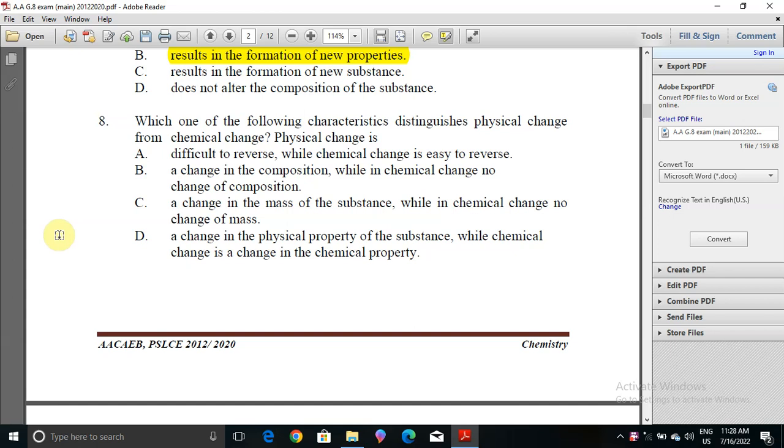Or a change in the physical property of the substance, while chemical change is a change in the chemical property. Yes, D is the correct answer. Why? Because it says physical change is a change in the physical property, and chemical change is a change in the chemical property. So D is the correct answer for question number 8.